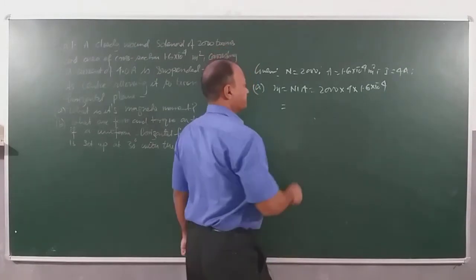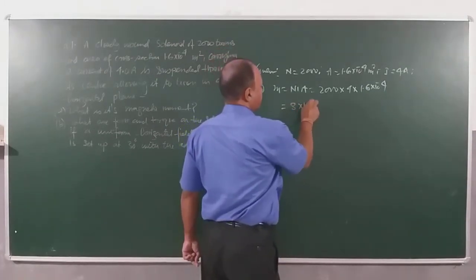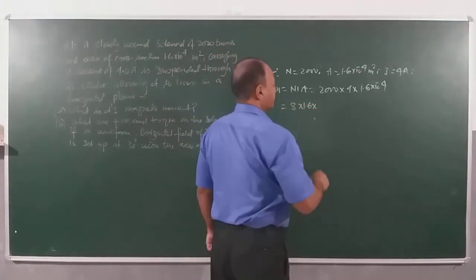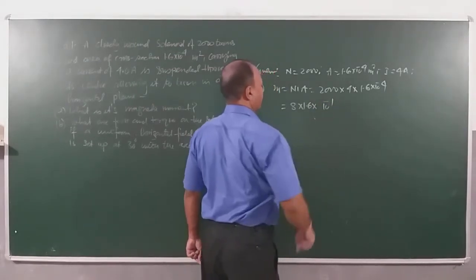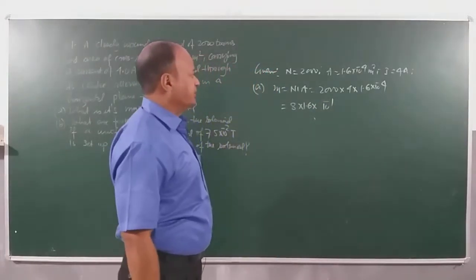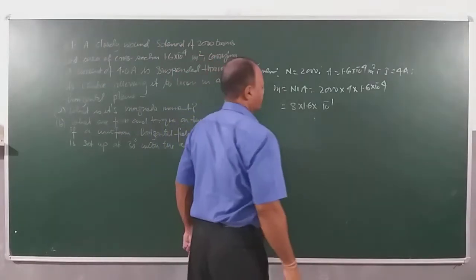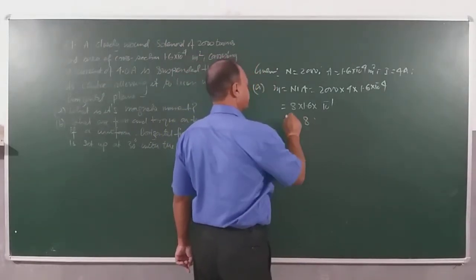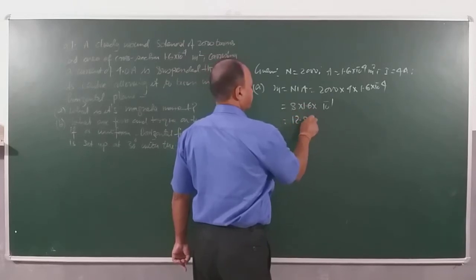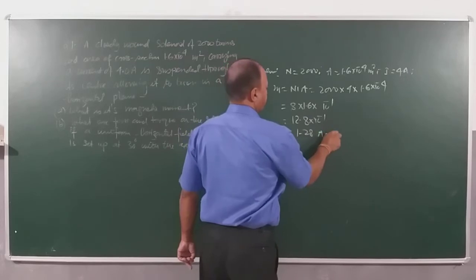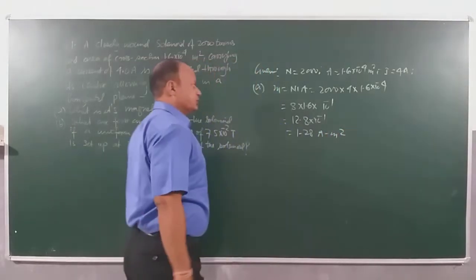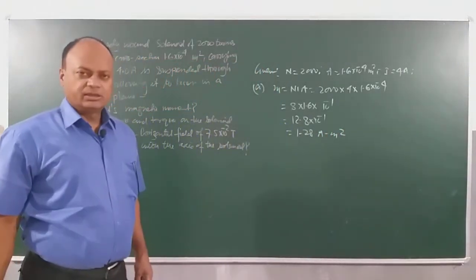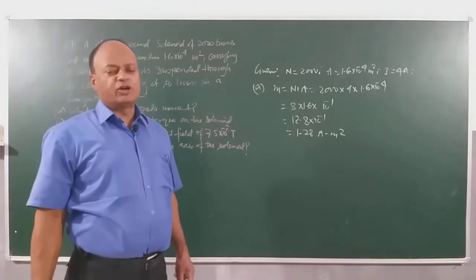So we have 8 into 1.6 and 10 to the power minus 1. Clear? So multiply, 1.28 ampere meter square. So this is the dipole moment which the solenoid is going to experience.